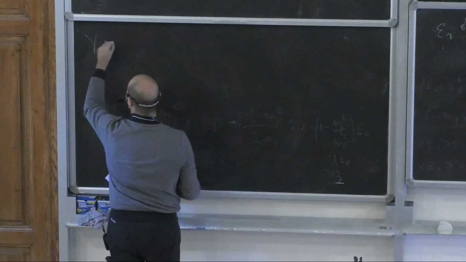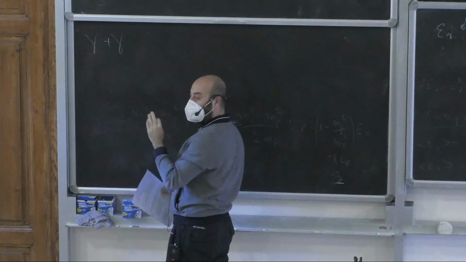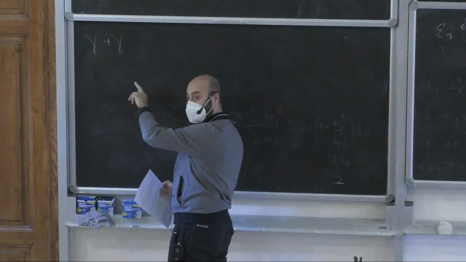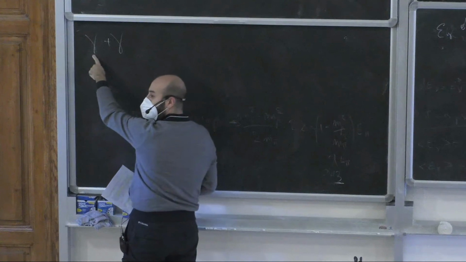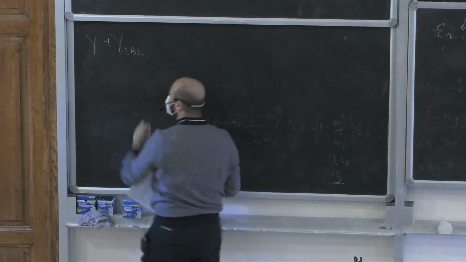Typically, this will pair produce. If it's PeV, it can produce on the CMB, but even if it's 10 TeV or so, it pair produces on the extragalactic background light.